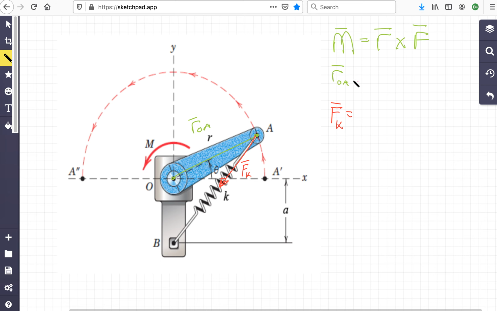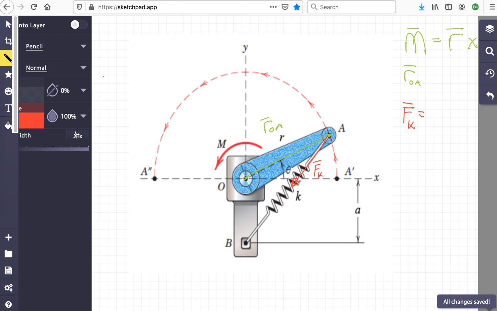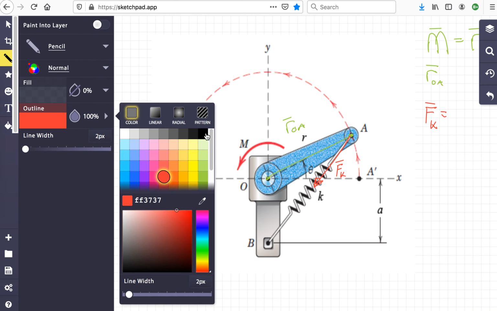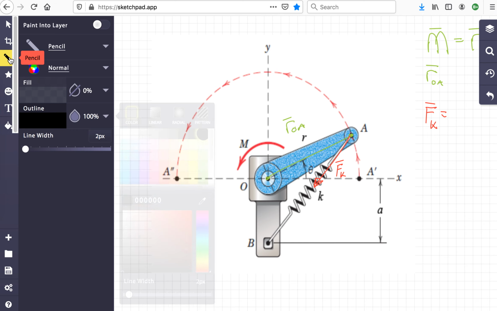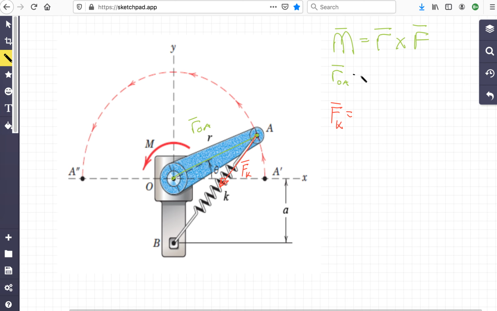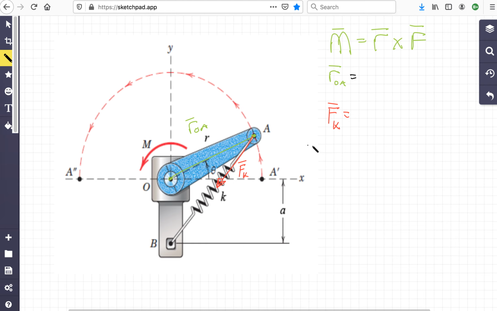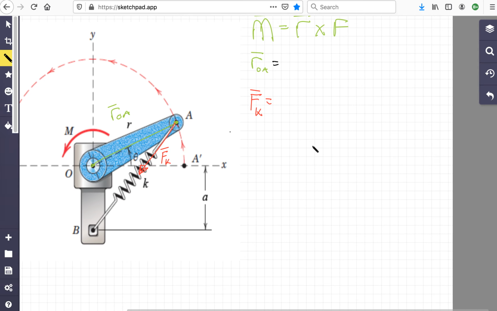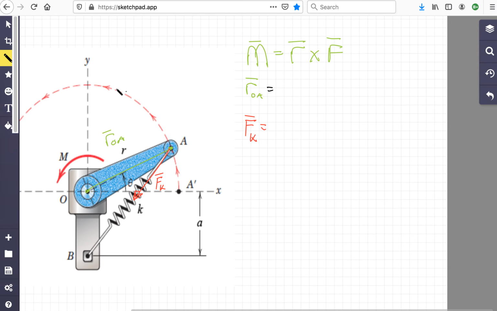So roundabout, I'm going to change these two to black. So in this case, we know the RO vector, and we're going to put it in I and J terms. So what we know is the R vector is the magnitude of R times the X component.